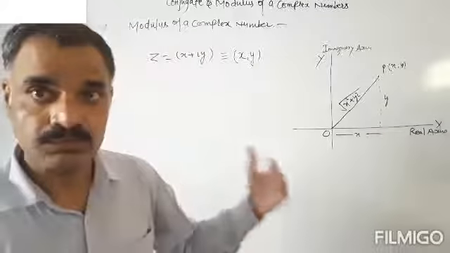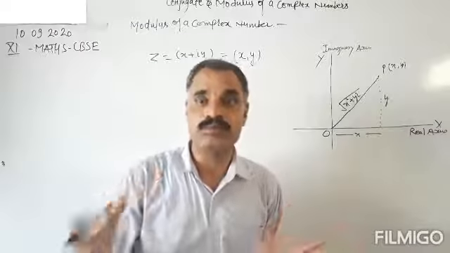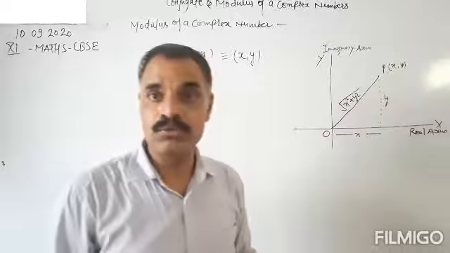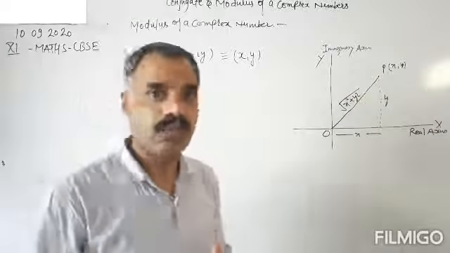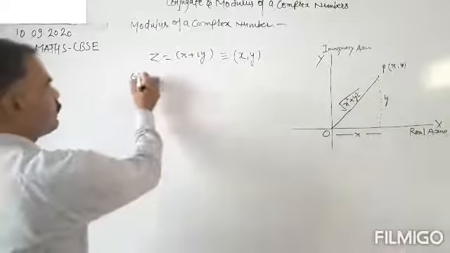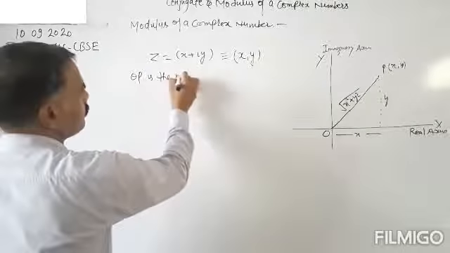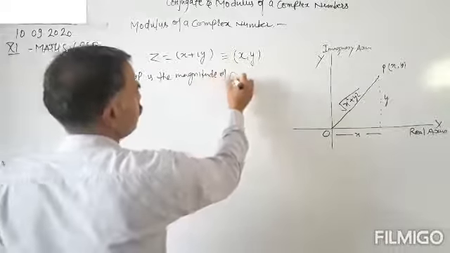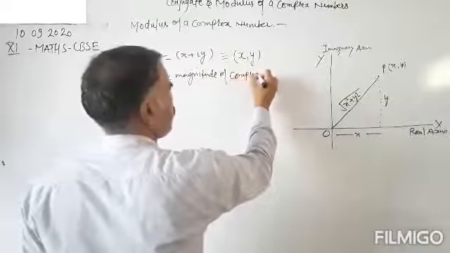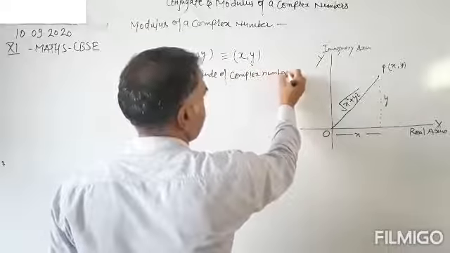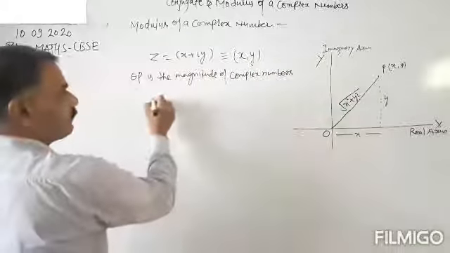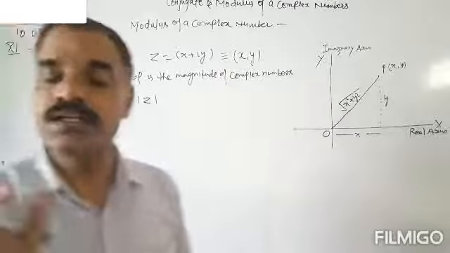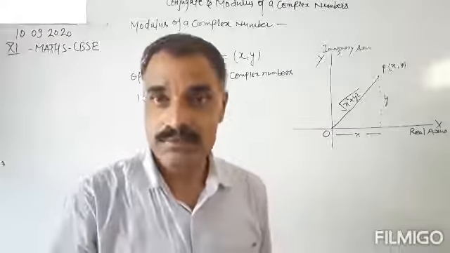OP is representing the complex number, or the magnitude of the complex number, or the length of the complex number. That is why OP is the magnitude of the complex number. The magnitude of a complex number is represented as magnitude z, modulus z.